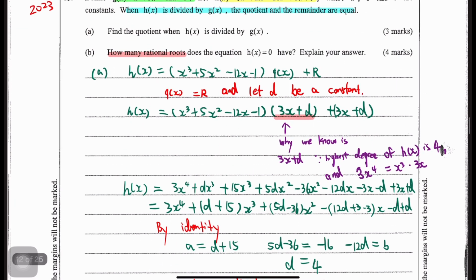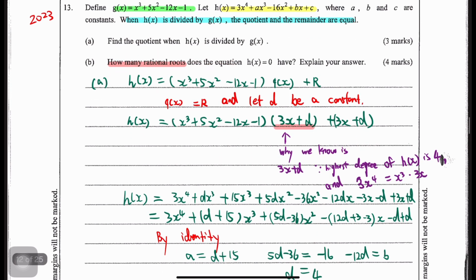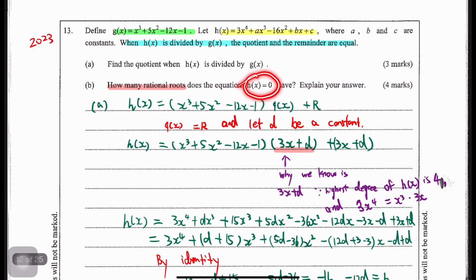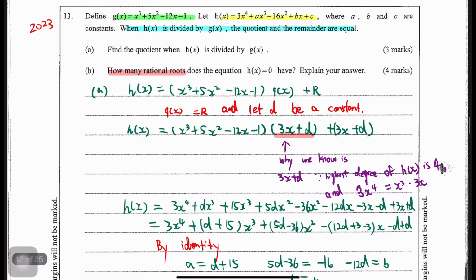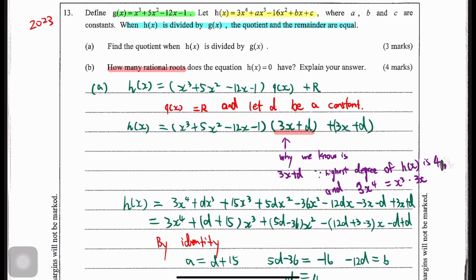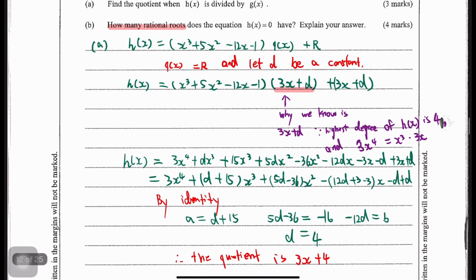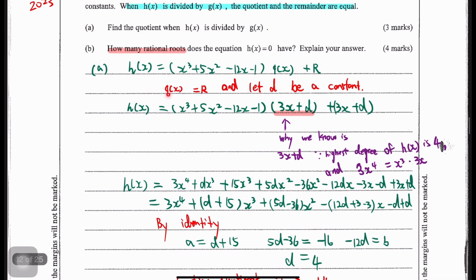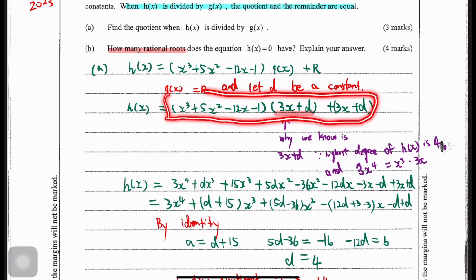And then, how many rational roots? So how many roots does h(x) equal to 0 have? We have the whole polynomial here. Do we know any factor? It doesn't provide us any factor. When you don't have a factor, you need to think, what do you have? You have the equation in the division algorithm format, right?